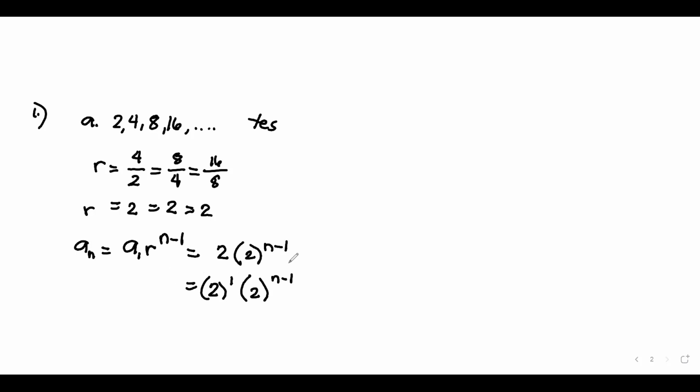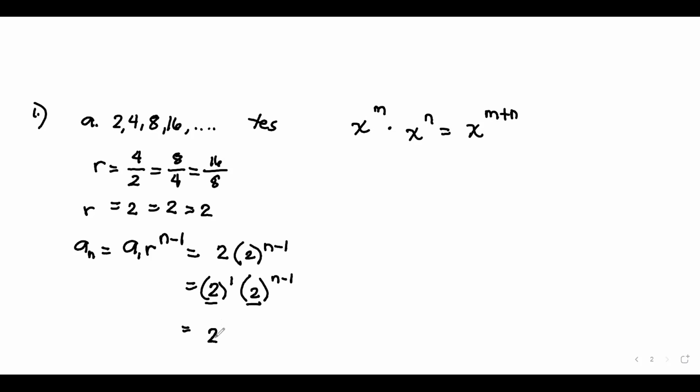Wherein we're going to apply one of the laws in exponents, which is the product rule, wherein it says that when you multiply expressions with the same base, you just copy the base and add the exponents. Same here, they have the same base, which is 2.